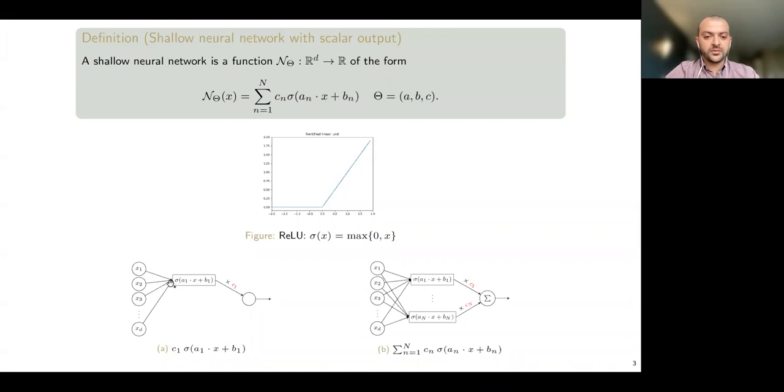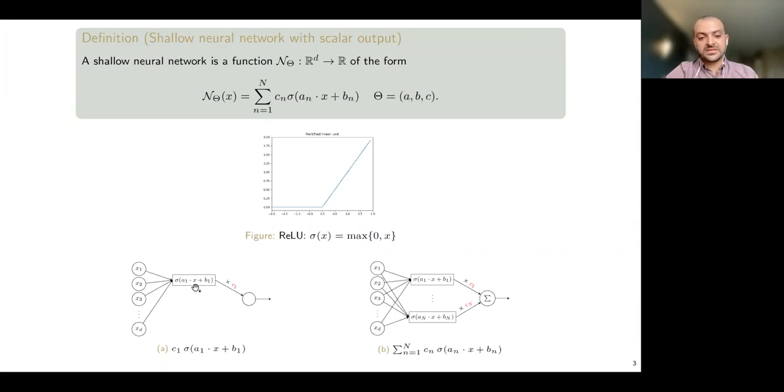We can think of the coordinates of x, x1, x2, up to xd, as inputs, and each of them is being sent to this computational unit, sigma of A1 x plus B1. The coordinates of A1 serve as weights on the edges from each of the xi to this computational unit where the sigma of A1 x plus B1 happens.